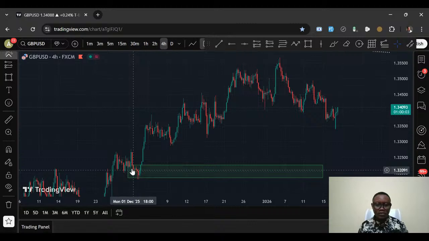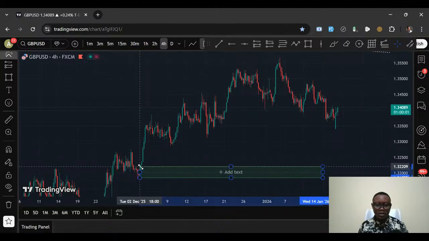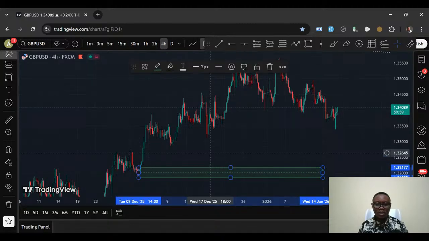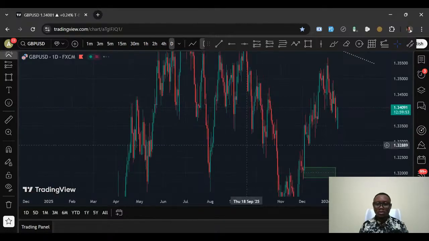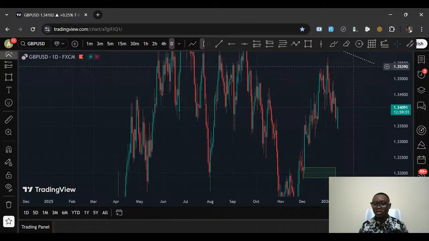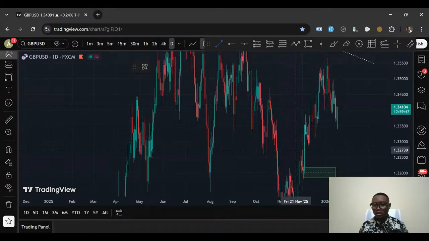Let's refine this, which we have drawn. Refine it to this. Then the break of structure. Sorry, mark out my BOS, break of structure, which is this.